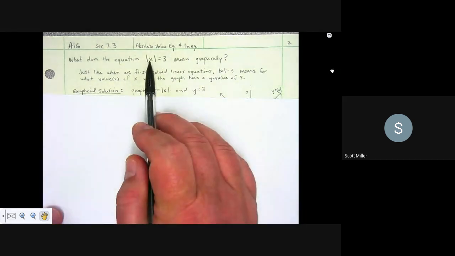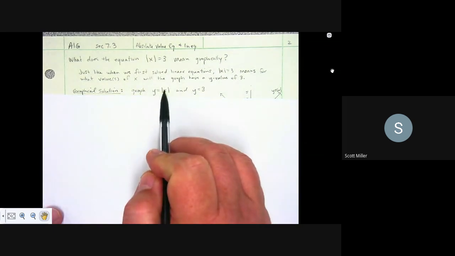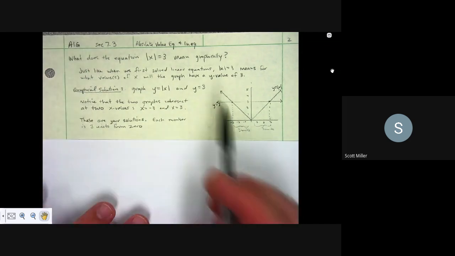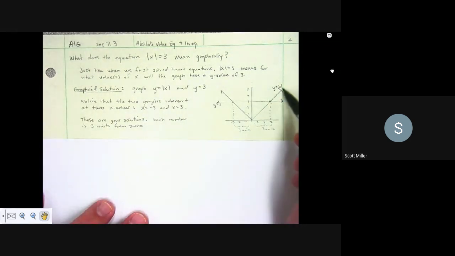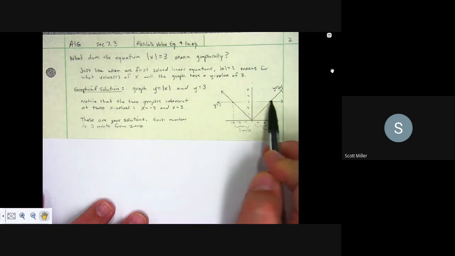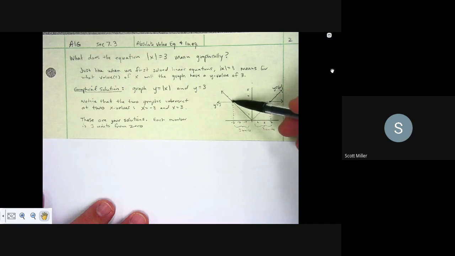Graphically, remember we take this side over here, we graph y equals the absolute value and y equals 3, and we look at that. I'm just going to show you this graph. When we graph it, there's the absolute value, and then a horizontal line at 3, and you'll notice that it intersects in 2 different locations. One of which is at -3, and another one is at +3.